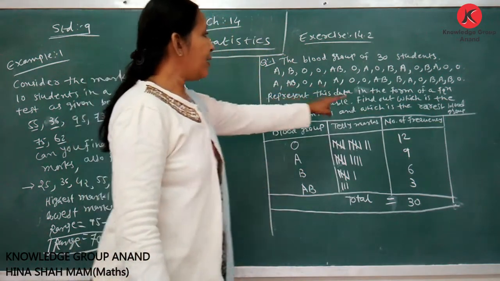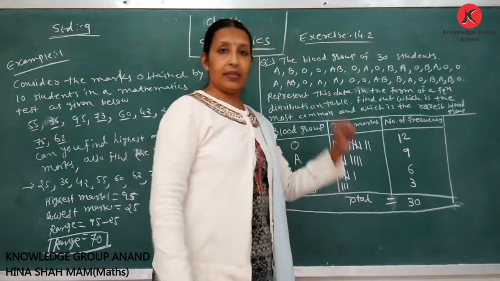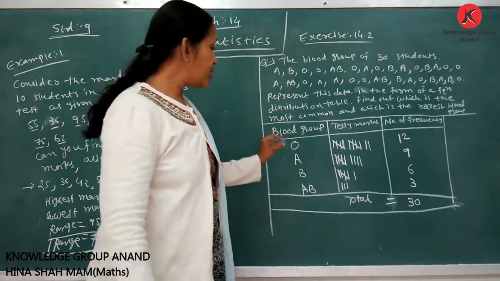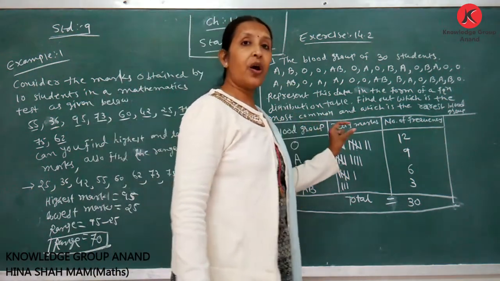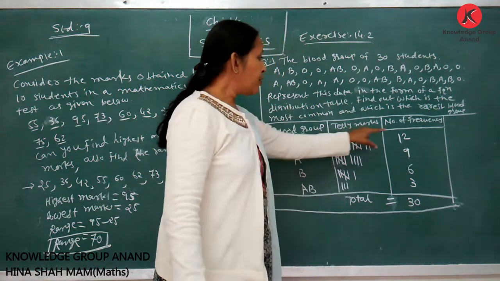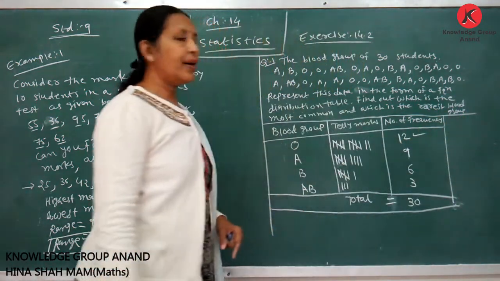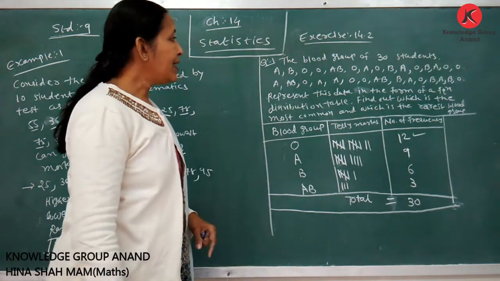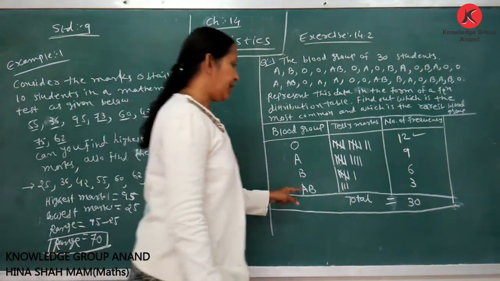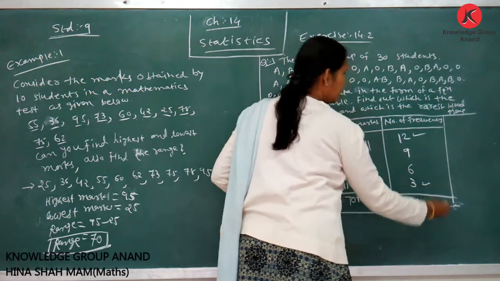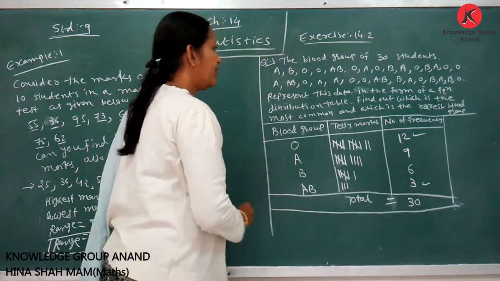Now find out which is the most common. In which blood group is it most common? It is O. O is the most common blood group. And the rarest blood group, AB is the rarest blood group. You gave the answer.